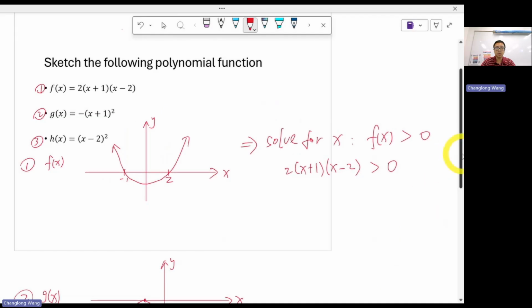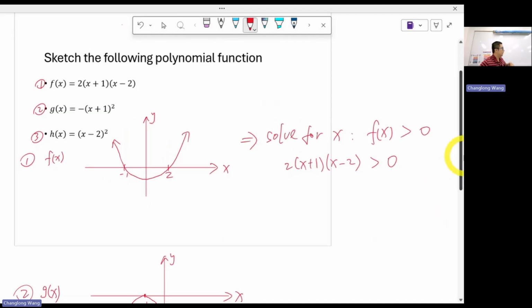I hope that you remember what you did back in the fall. There was a section talking about how to solve polynomial inequalities, but things are way much worse than quadratic ones. So now I hope that you see we have the sketch of the function f of x, and that f of x is nothing but this algebraic expression, this polynomial or quadratic expression.